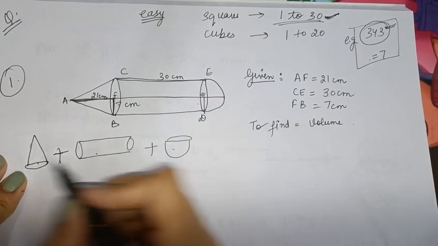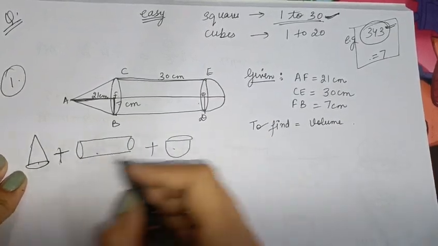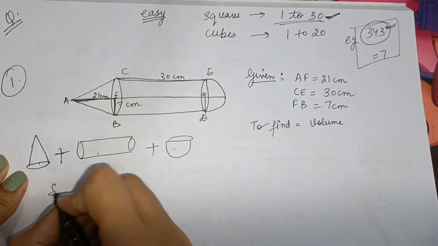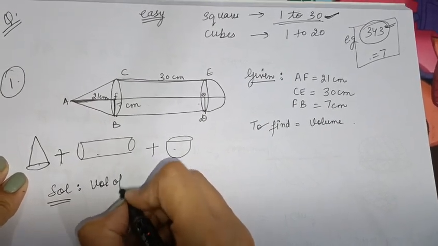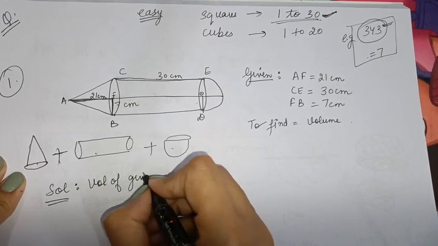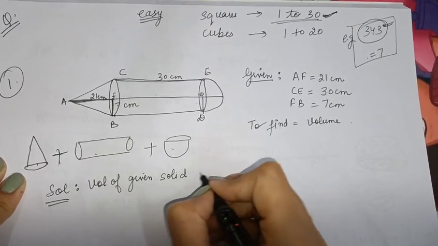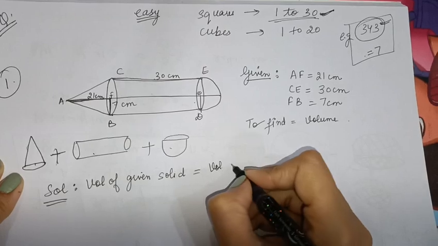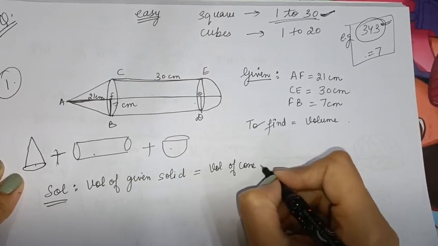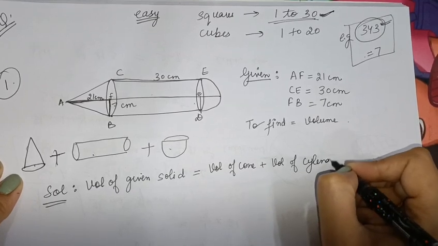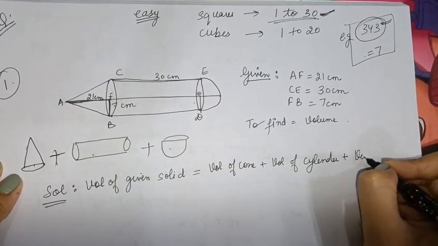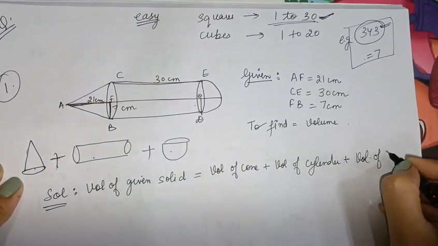So now let's start. Individually I have drawn. Solution: volume of given solid is equal to volume of cone plus volume of cylinder plus volume of hemisphere.